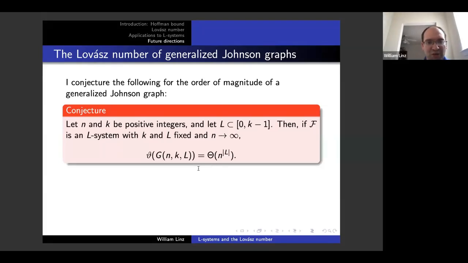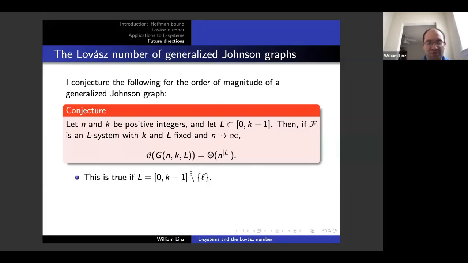I haven't seen any results about this in print before, or any conjecture about this Lovász number either. So, some evidence: by the work I've shown previously, it's true if L is equal to the set of integers from 0 to k minus 1, and then take out any number little l.